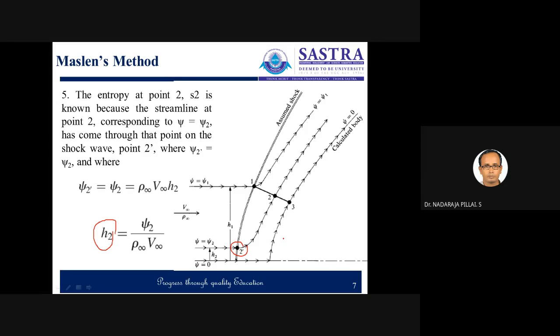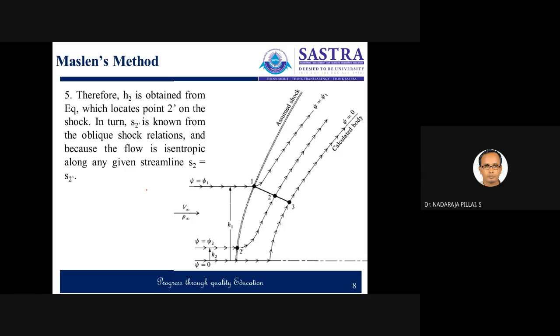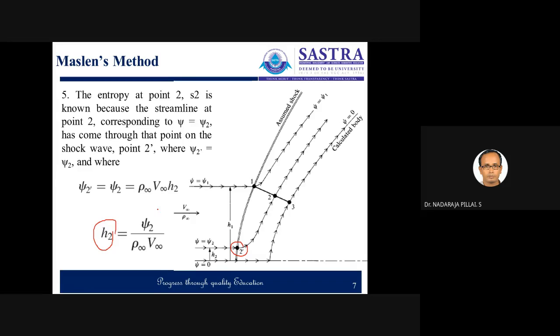And because the flow is isentropic along any given streamline, we can write S2 is equal to S2 dash, right? So this is the fifth step, right? Now all these are known, right?